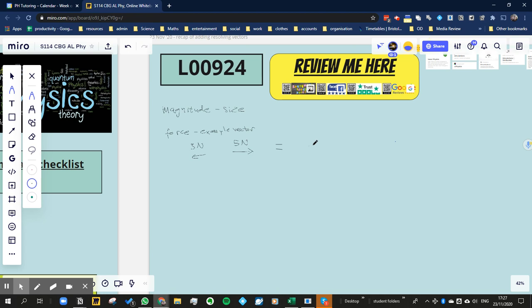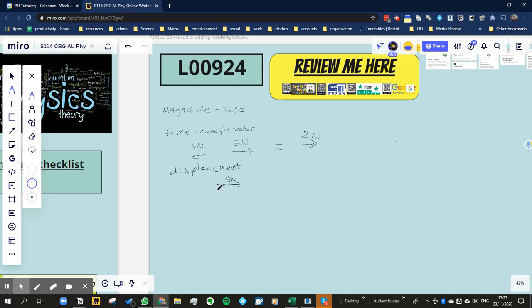So let's take these 2 examples. First of all, we have the resultant of this, which is 2 newtons to the right. We're going to take these same numbers, the same dimension, and do it for displacement. So displacement: we're going to go 5 meters to the right, and then we're going to go 3 meters to the left, and we're over here, aren't we?